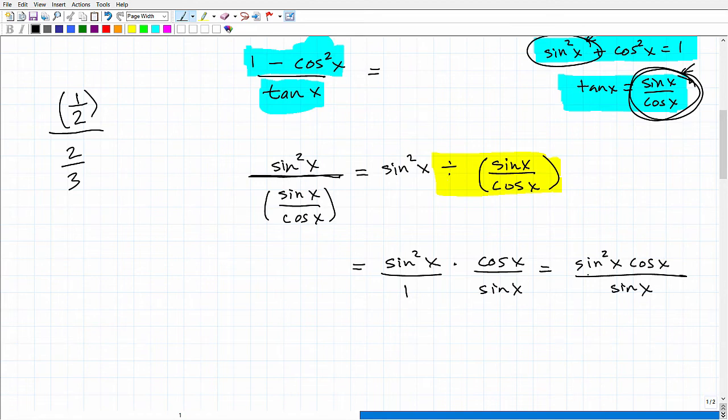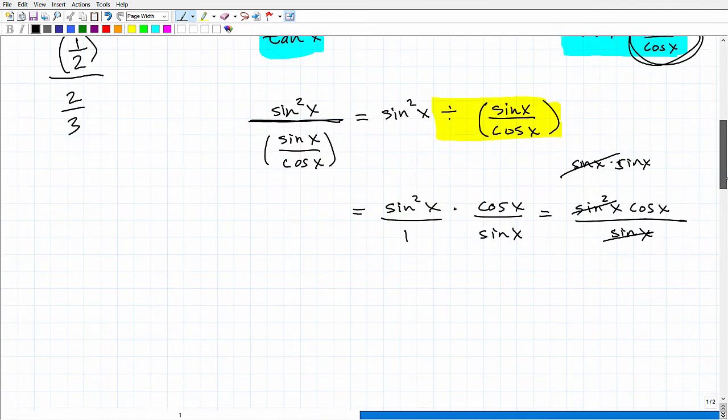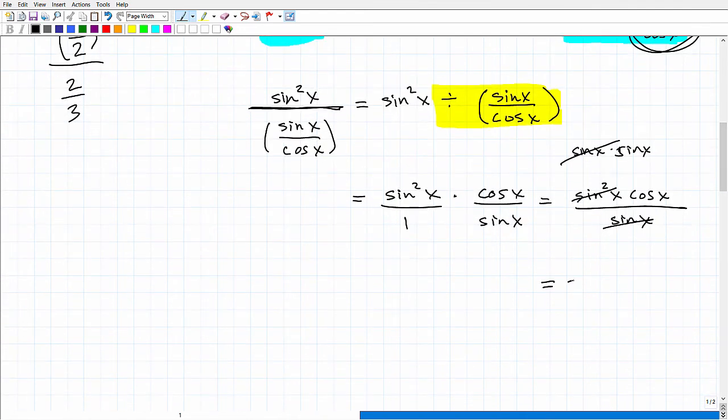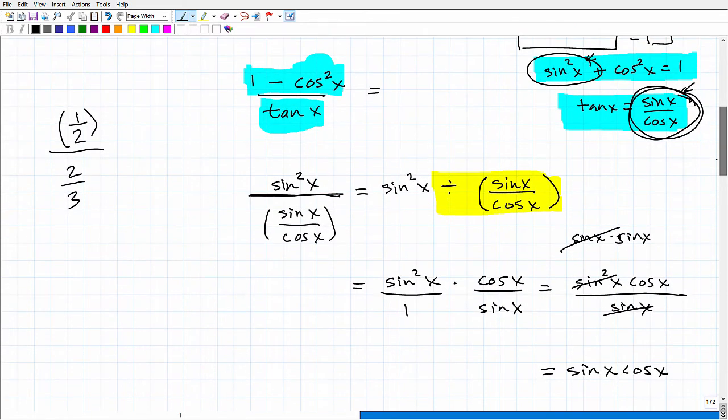Don't let this notation confuse you. Sine squared x is the same thing as sine x times sine x. So I can cross cancel one of these sines, and that leaves me with sine x times cosine x. And that is what this simplifies to.